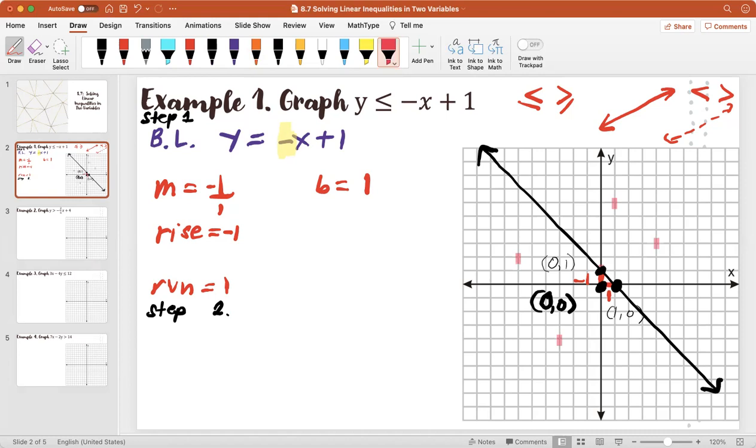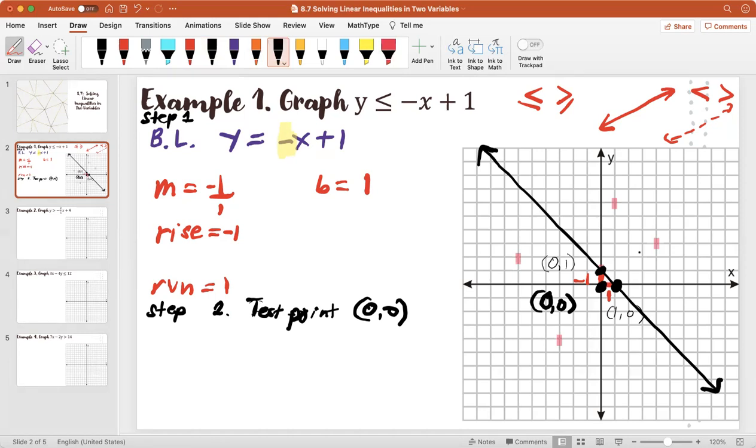Okay, so you have 0, 0. So let's have that as a test point. Why is it important to consider a test point?